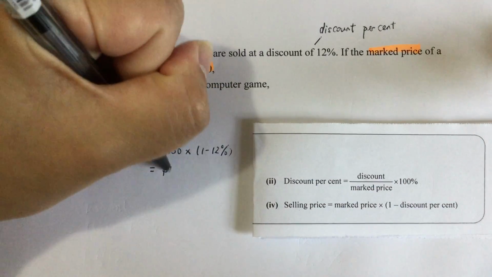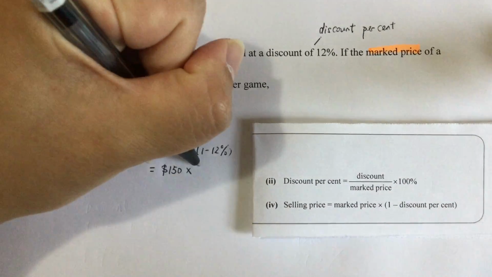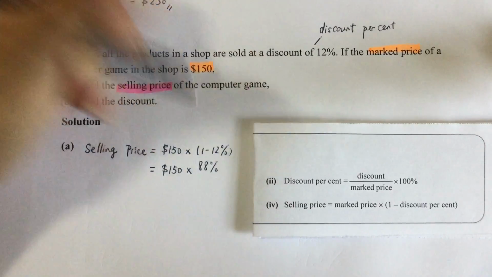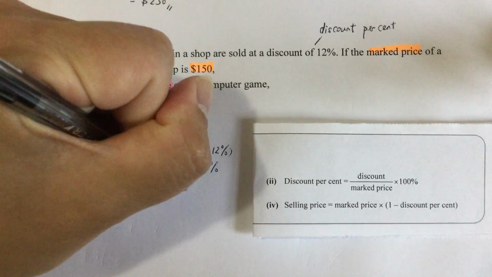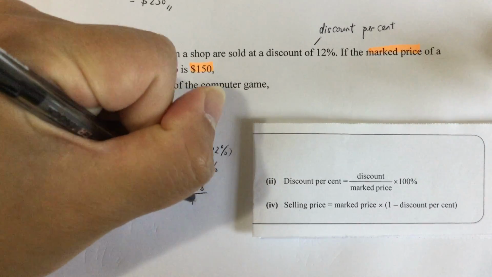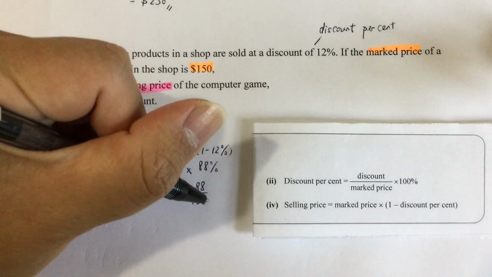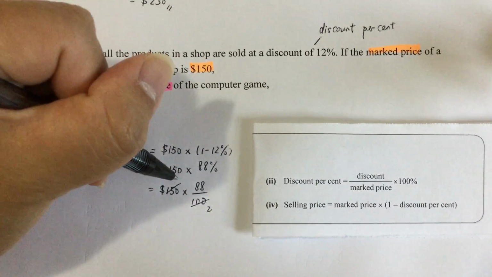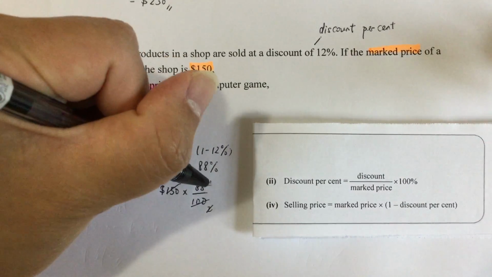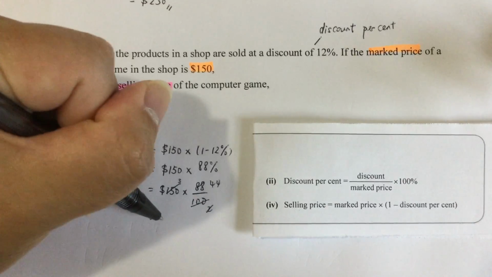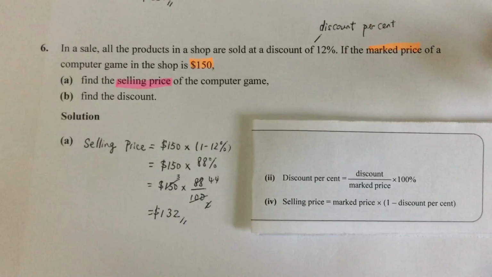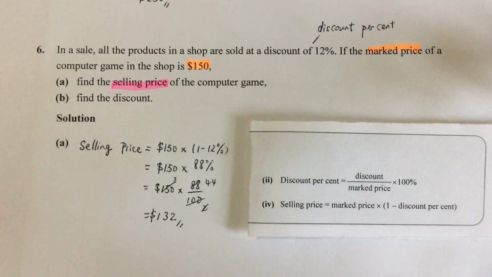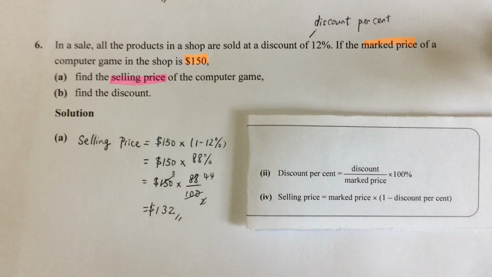So we have 150 times 88%. So you will have 150 times 88 over 100. And we can do the cancellation. This is 2, this is 3, this is 44 times 3. So you will have $142 for the selling price. So this is part A. So we found the selling price is $142.